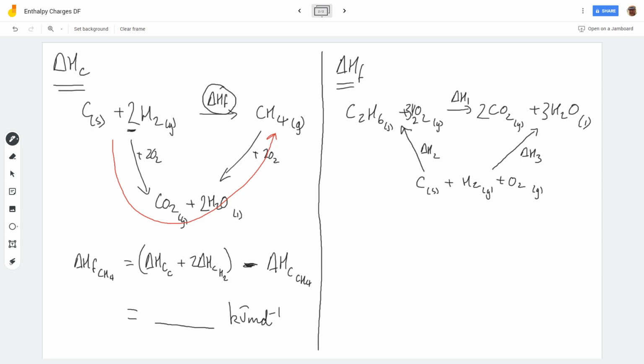If we apply Hess's law, delta H1 equals minus delta H2 plus delta H3. So what is delta H2 and delta H3? Well, delta H2 is equal to the enthalpy change of formation of ethane plus 3.5.